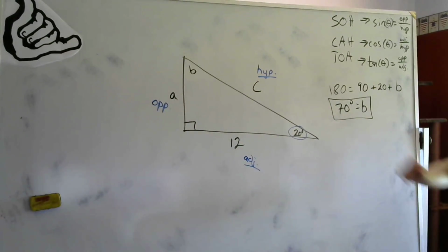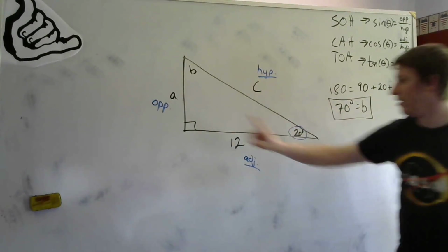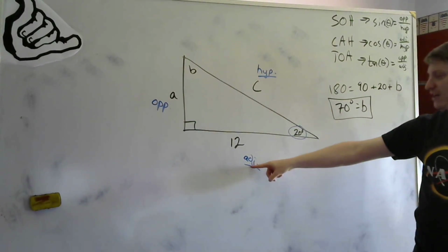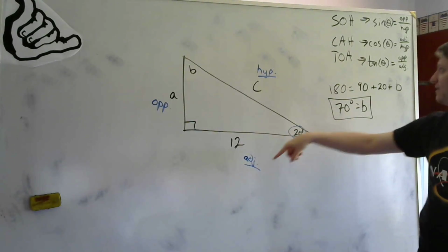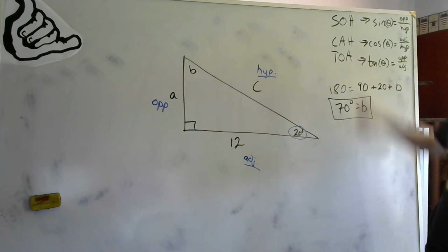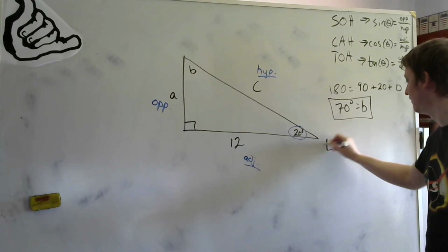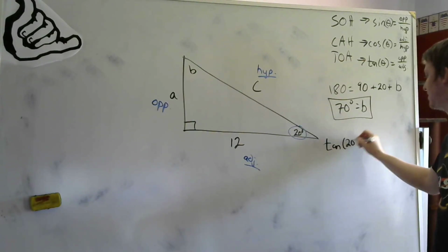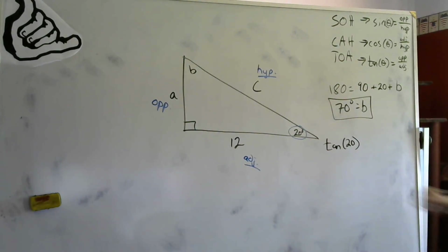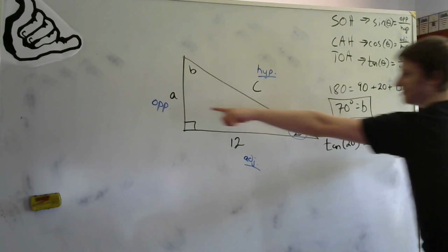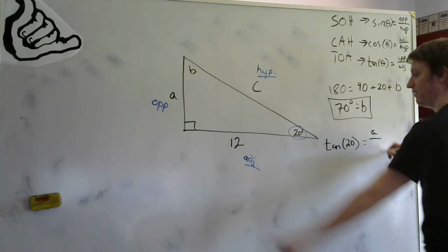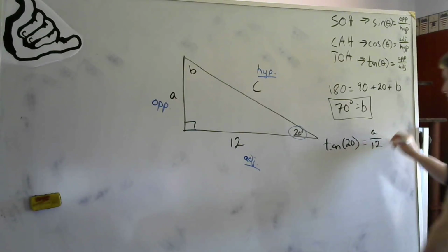So let's find A. Opposite, and I have adjacent. Opposite and adjacent, that's my tangent. So we can do the tangent of 20 degrees, that's the angle I'm looking at, should be equal to the opposite, which is A, divided by the adjacent, which is 12.